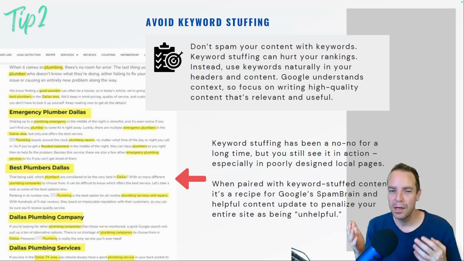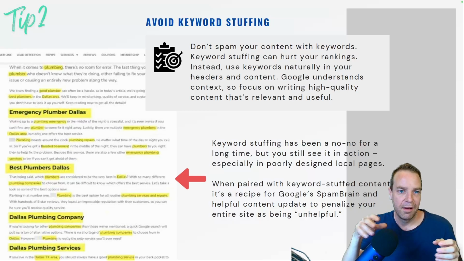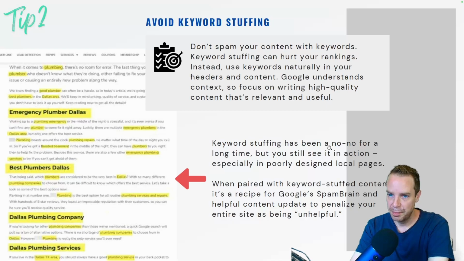Google can understand what your text is all about, even if you don't put in emergency plumber in every sentence. Keyword stuffing has been a no-no for a long time, but you still see it in action, especially in poorly designed local pages.